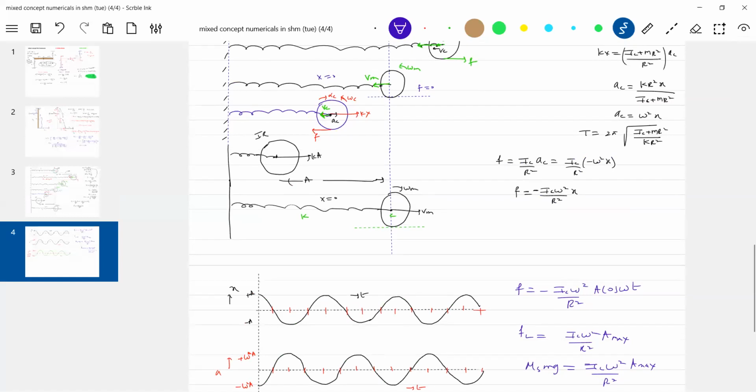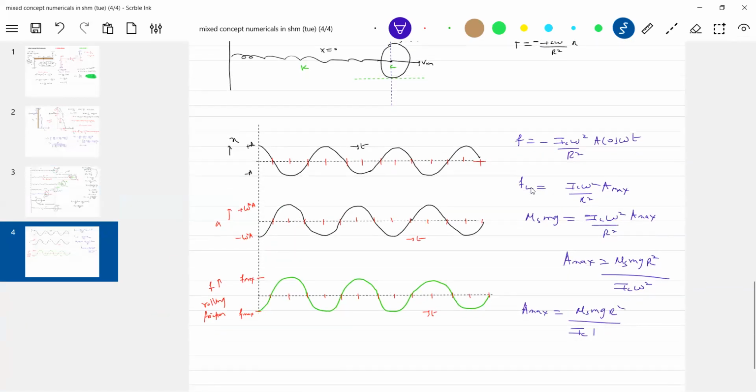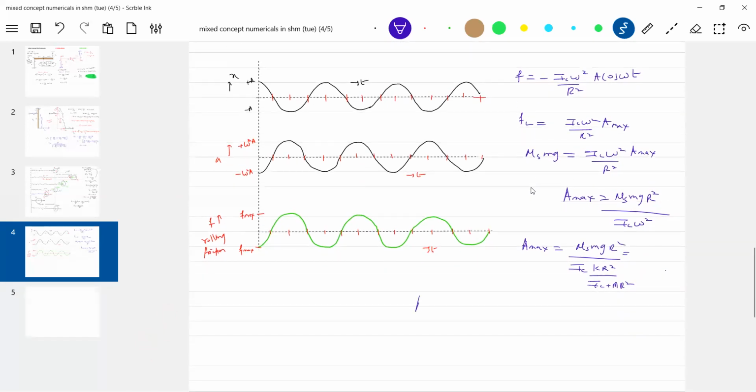Omega square will be k by m, and R square gets cancelled. Okay, fine. This is the amplitude.